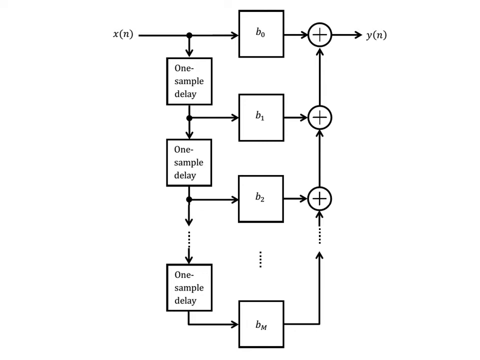So this forms a different class of filters called finite impulse response, whereas the previous feedback network was infinite impulse response. And that refers to the duration of the impulse response. Here, it's finite in length because there's no recirculation of values.